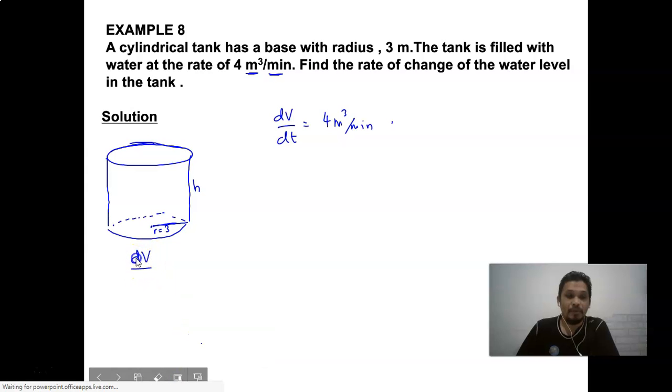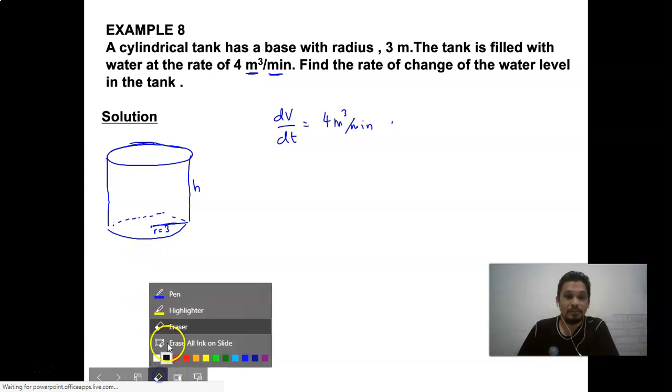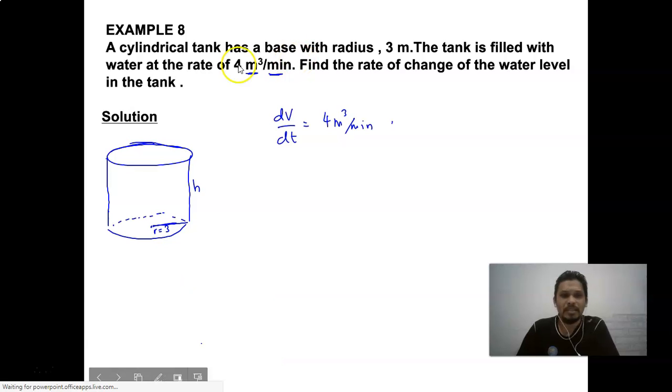But before we find dV, a tank is filled with water at a rate of 4 meter cube per minute. Find the rate of change of the water level in the tank.